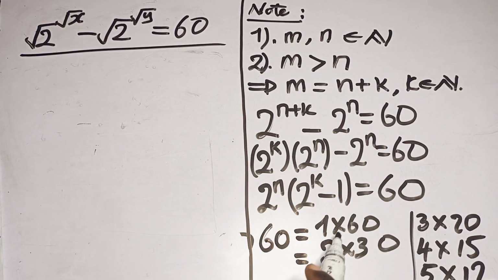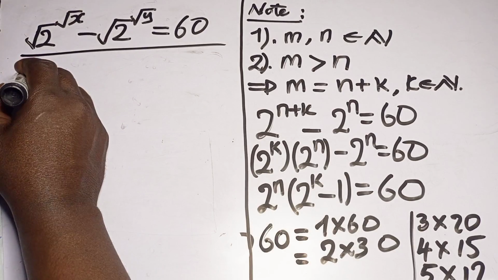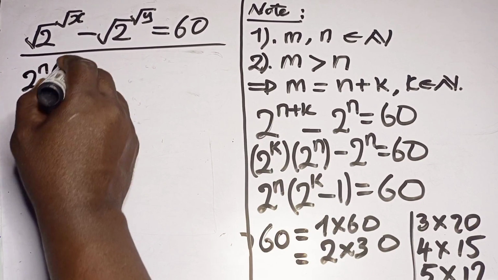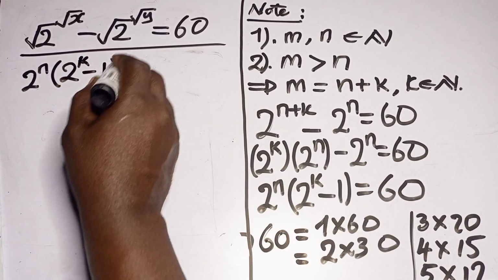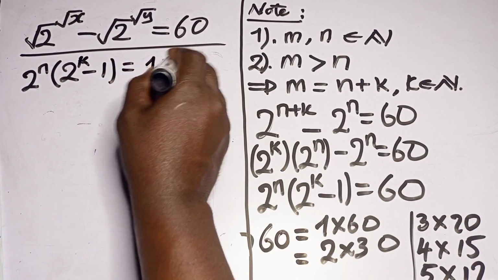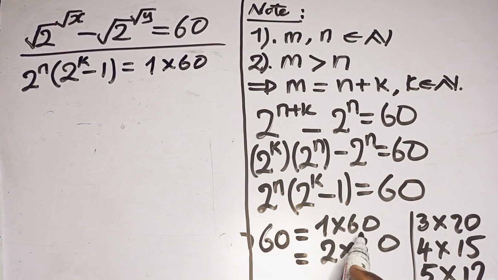Now, let's start with the first one. 1 multiplied by 60. So we are seeing 2 to the n into 2 to the power k minus 1 is 1 times 60. Let us take the first one.